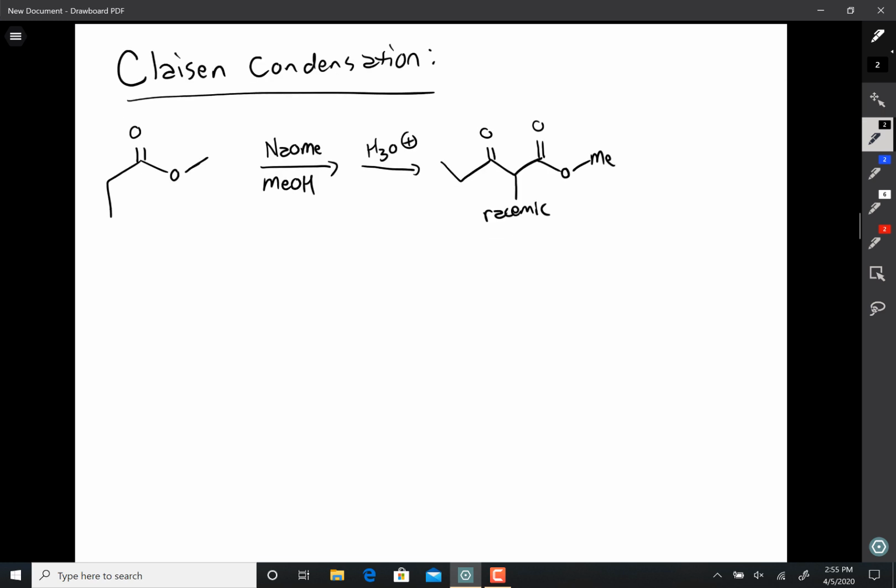Now, it's important in this reaction, if you're not using LDA, that if you have an ester in your product, that match your base and your solvent.